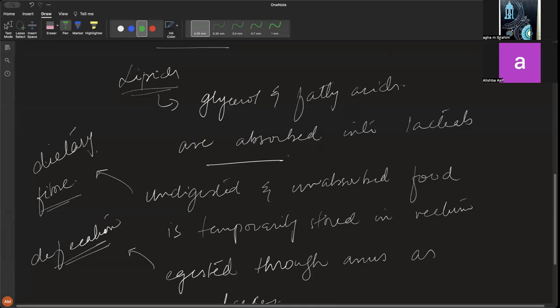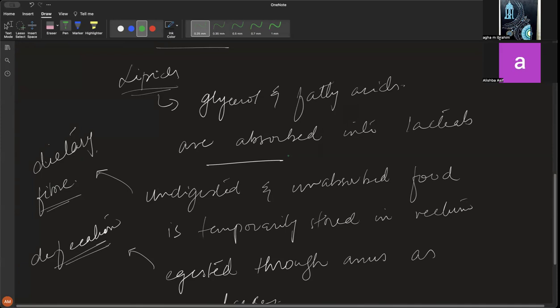But you have to keep in mind that the lacteal is a part of the lymphatic system present in the villus, and it is responsible for absorption of glycerol and fatty acids. All right.